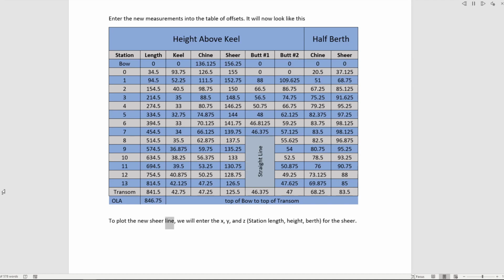To plot the new shear line, we will enter the X, Y, and Z, station length, height, berth, for the shear.